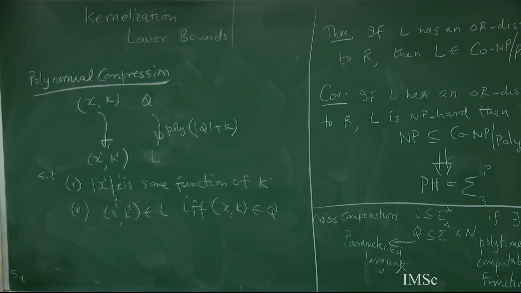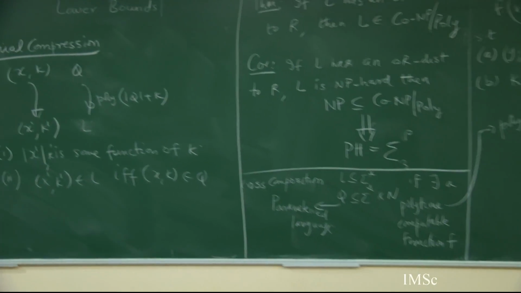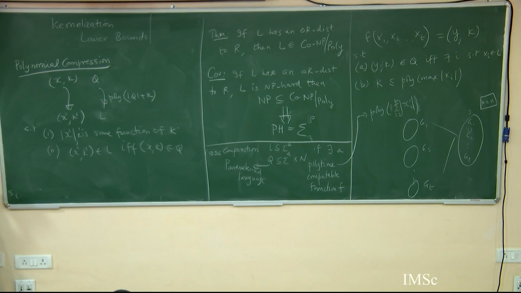Yeah, but what is the definition of kernelization? This is exactly that. What are you doing in kernelization? No. In kernelization, for example, in vertex cover, when you go and reduce, you have a new parameter because you have picked up some vertices and so on. Yeah, x prime, k prime, they are all functions of k.